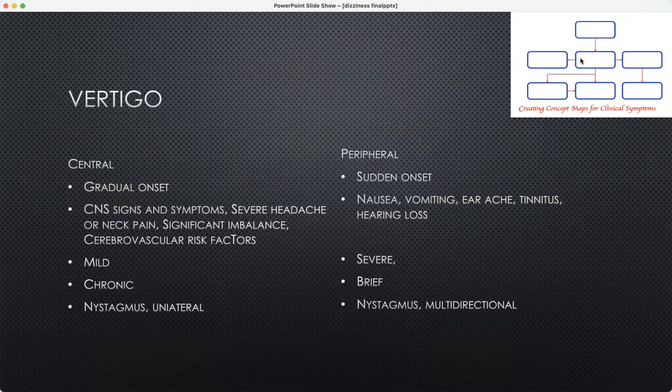Vertigo is defined as an illusion of motion, and if someone presents with vertigo, it is very important to distinguish central or peripheral. Their presentation is slightly different.